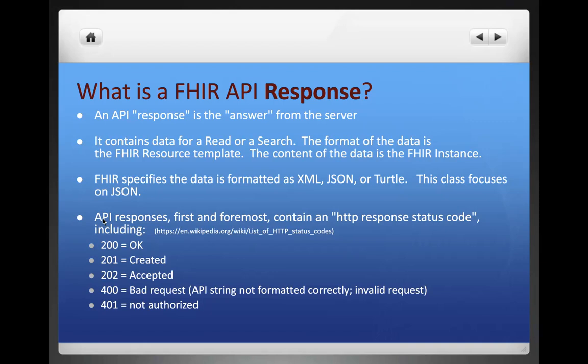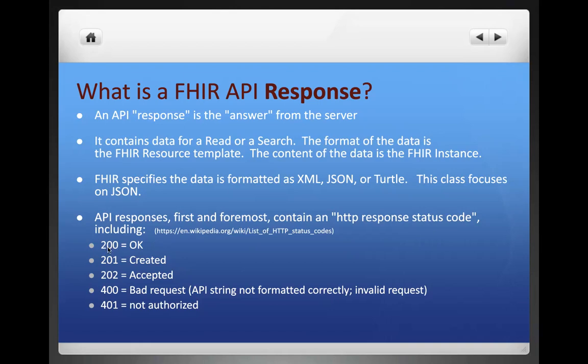The other thing that the FHIR server also always returns is an HTTP response status code. There's hundreds of HTTP response status codes, and you should feel free to go look them up on Wikipedia or any one of other sites. The ones that you need to know are listed here. In general, 200 is good, 400 is bad.